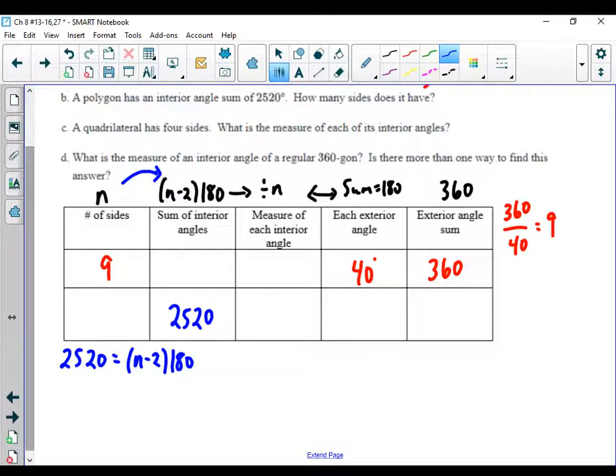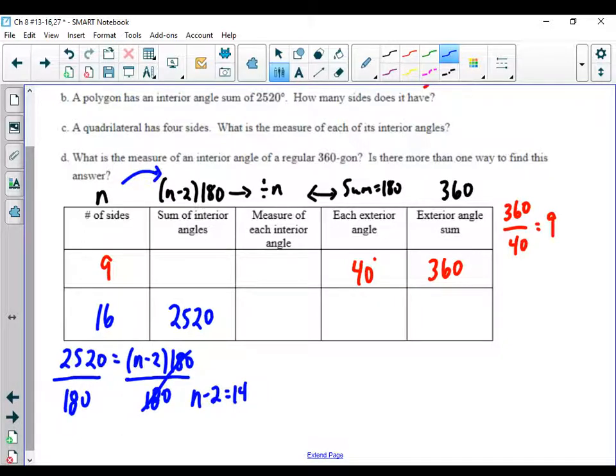I would start out by getting rid of the 180, so I'm going to divide both sides by 180. 2,520 divided by 180 gives me 14. So now I have n minus 2 equals 14. I just had to add 2, and I find out that I had 16 sides to that figure. So I use the table to help me organize things.